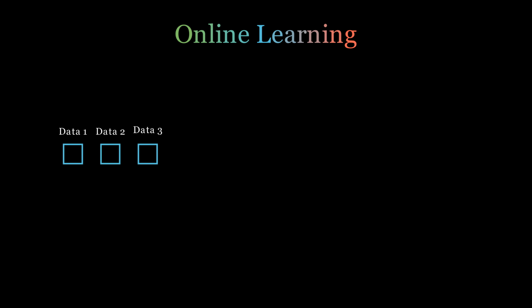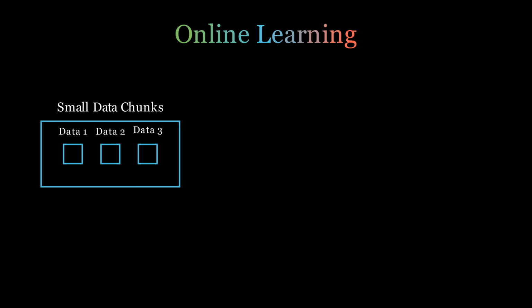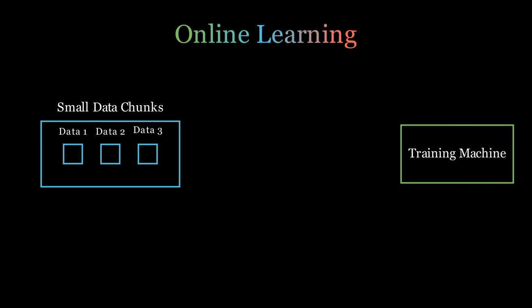In online learning, data is received and processed in small chunks instead of all at once. Chunk 1 is processed by the training machine, and the model is updated incrementally.